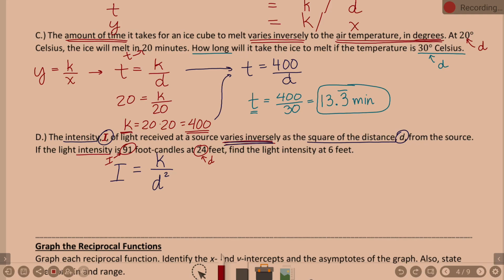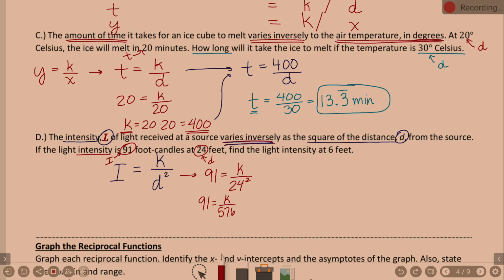So I'm going to do 91 equals K over 24 squared. Are you with me? Now, did you go ahead and find 24 squared? 576. So 91 equals K over 576.